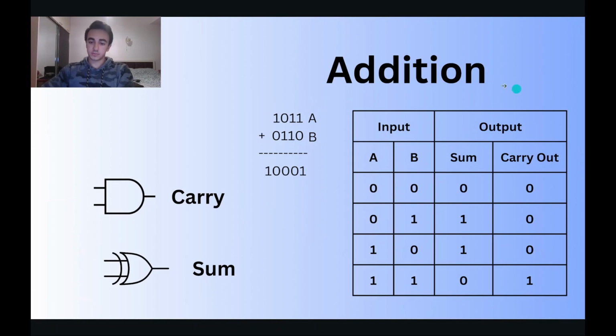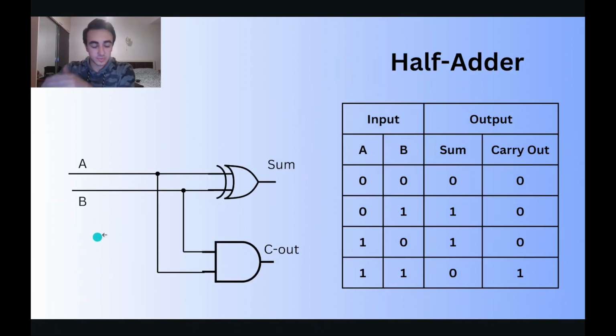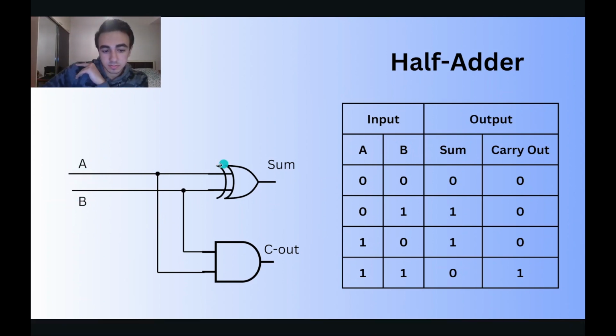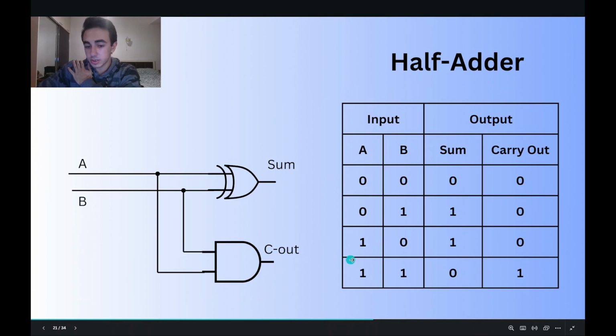So the circuit for addition would be something like this. A and B are the numbers. They are processed through the XOR gate. This would output the sum. And also we take the values of A and B and give them to an AND gate that would output the carry.